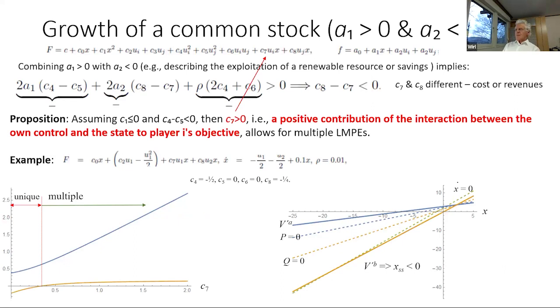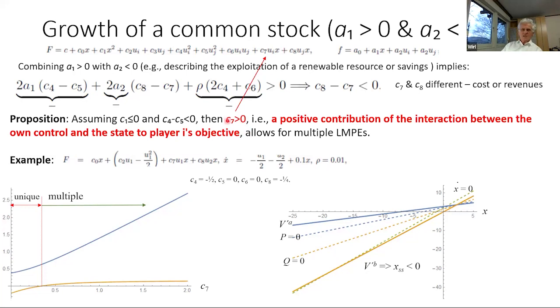So I look now in detail at the cases if we talk about the common stock. So A1 is positive. Then you see this is growing. Okay? So if you do this analysis, and if you assume a concave objective with respect to the state, and you exclude that the tail wags the dog, then you still can meet this condition above if you make C7 positive and sufficiently large.